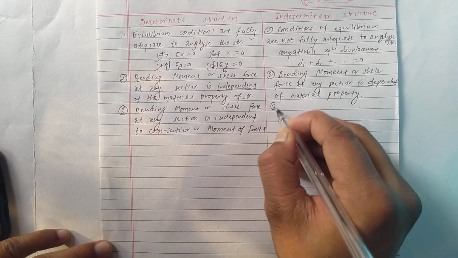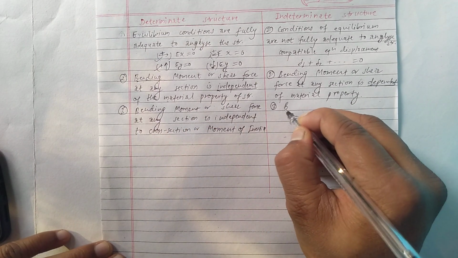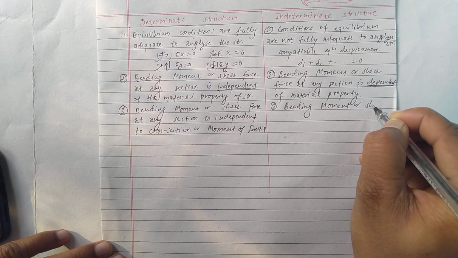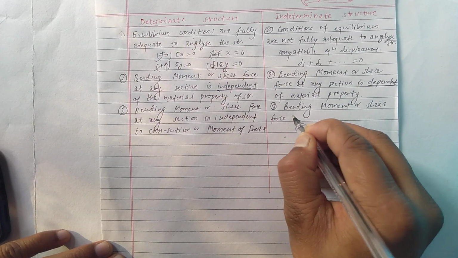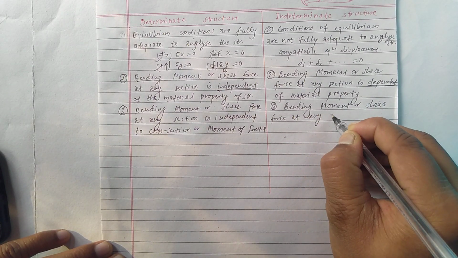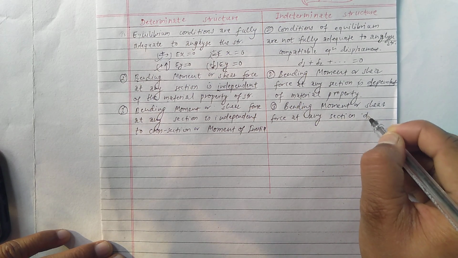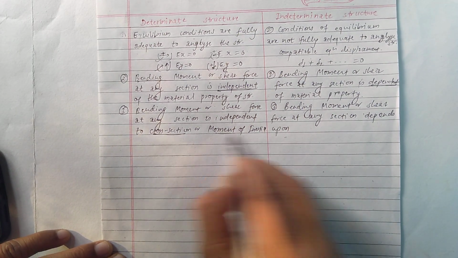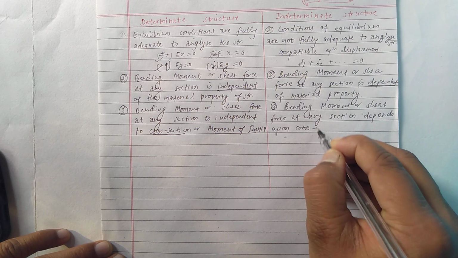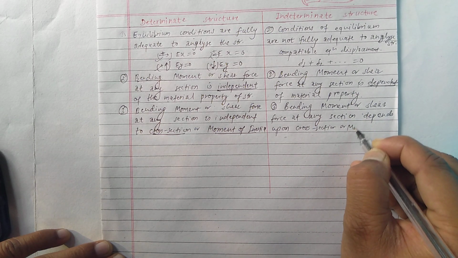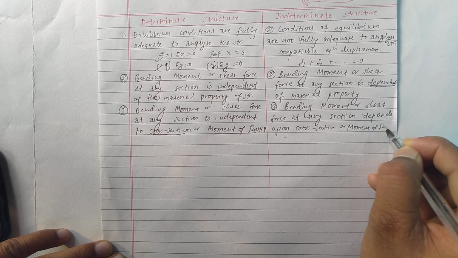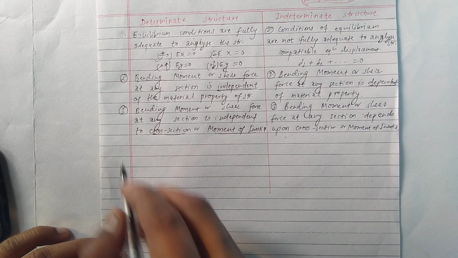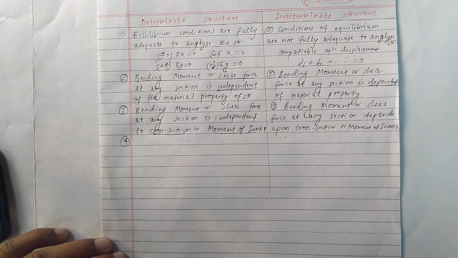But in an indeterminate structure, both the bending moment and shear force at any section depend upon these two, cross section and moment of inertia. So this is the third point.